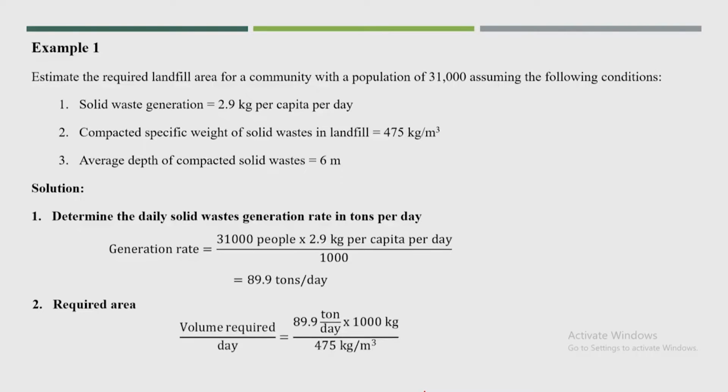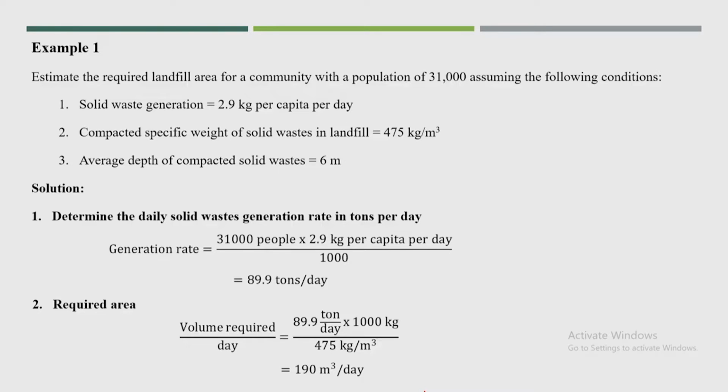Now, we will go for the required area. Obviously, we can calculate the volume by dividing the weight by the compacted specific weight, which is given in kg per meter cube. The generation rate we found is 89.9 tons per day. We convert that into kg by multiplying by 1000, and we calculate how much volume will be required: 190 meter cube per day.